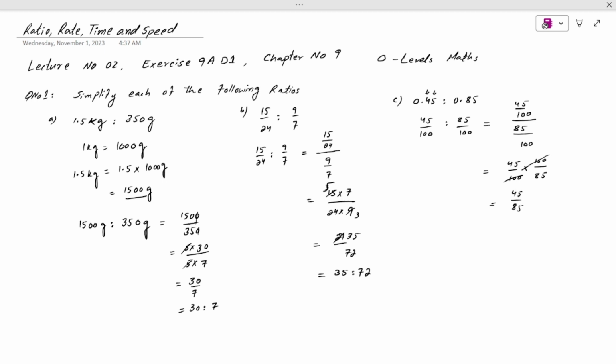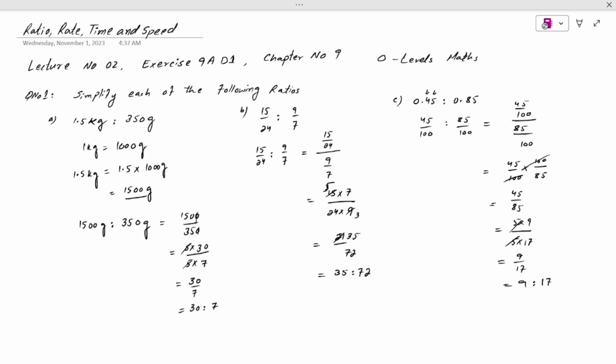Using the table of 5, we can write 45 as 5 times 9, and 85 as 5 times 17. Cancelling 5, we are left with 9 over 17, which can be written as 9 ratio 17, the simplified form of part C.